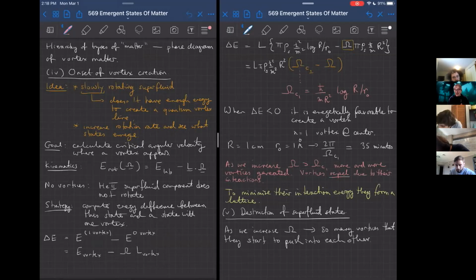Because they're in a finite size box, eventually their cores will overlap. And ultimately, there will be essentially no superfluid left.